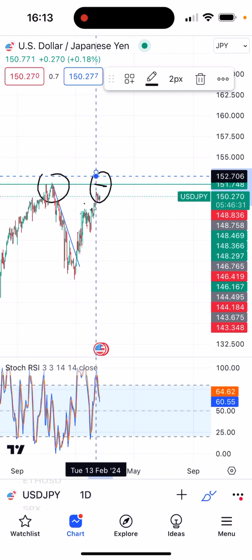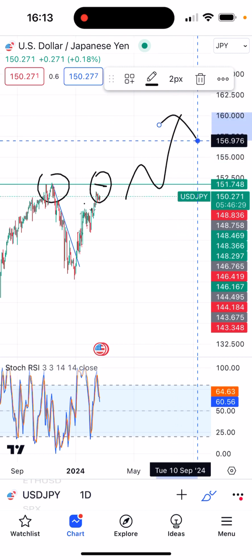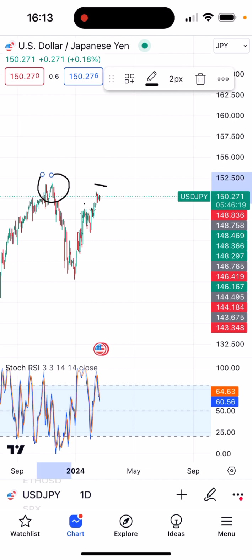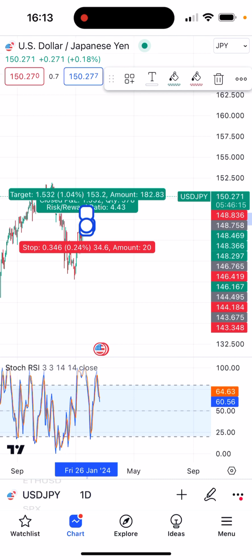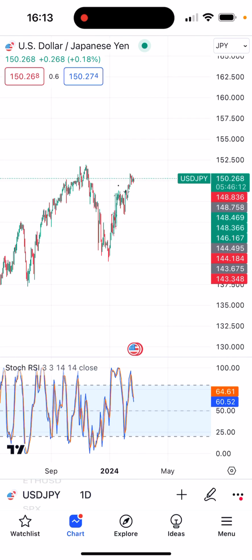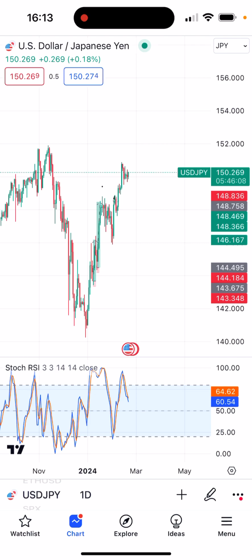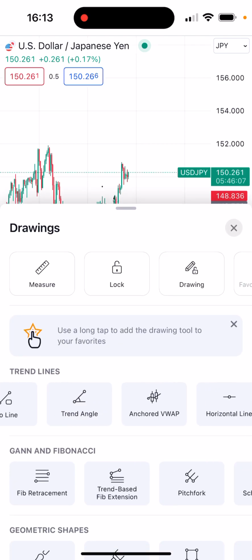Now, if it doesn't break through and carries on up, then basically you are looking for a sell. So a reversal will be on your side. You'd be thinking about selling once it reaches the levels that I mentioned earlier.